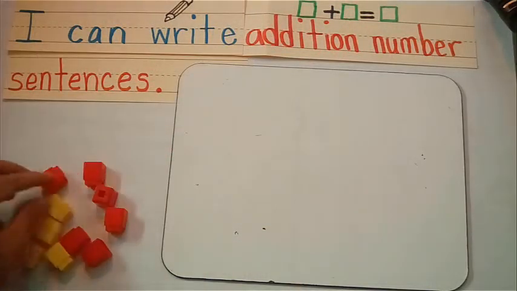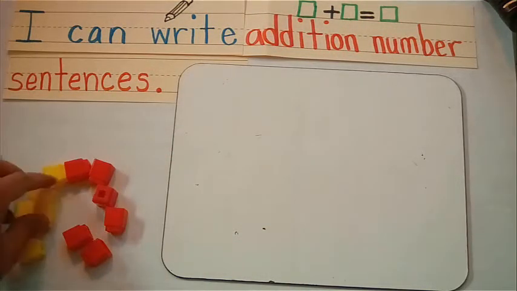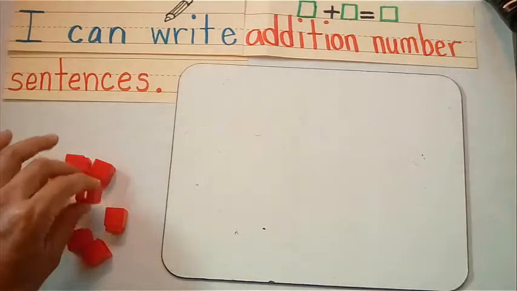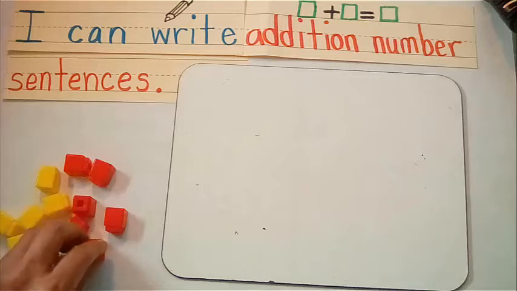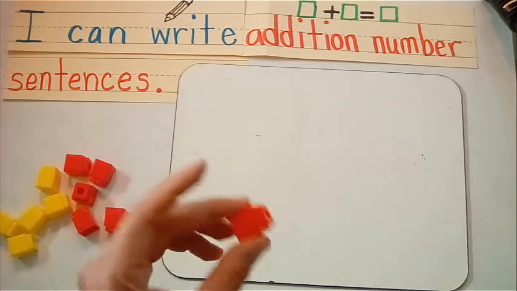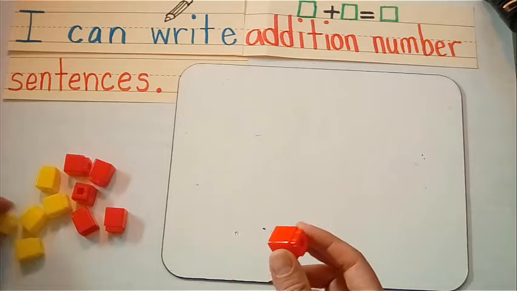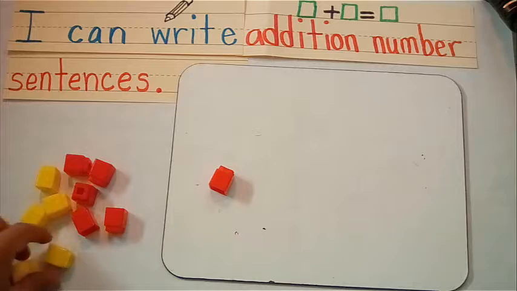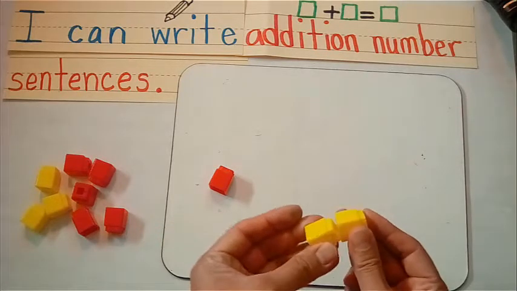Now I have my cubes out, and we're going to make some addition number sentences using our cubes. Let's start. What if I have 1 cube right here? That's one part. And then I have 2 cubes over here.